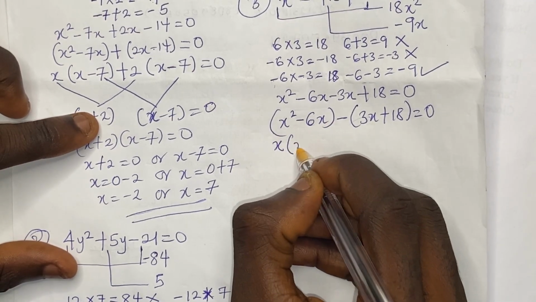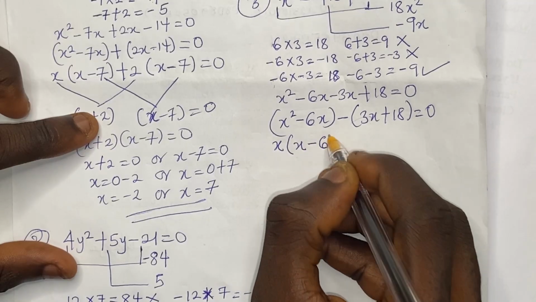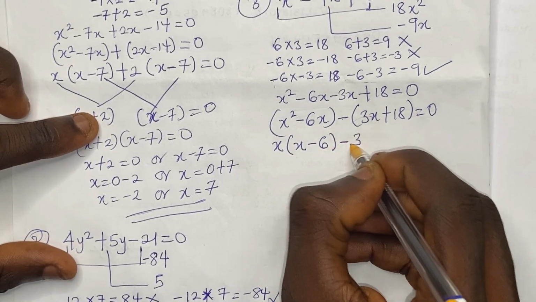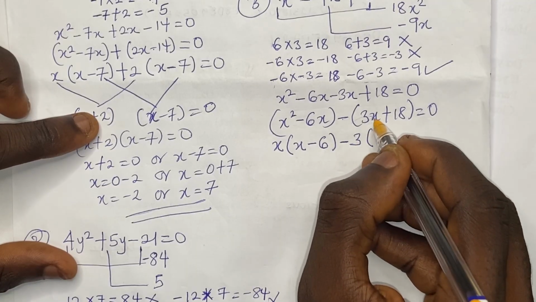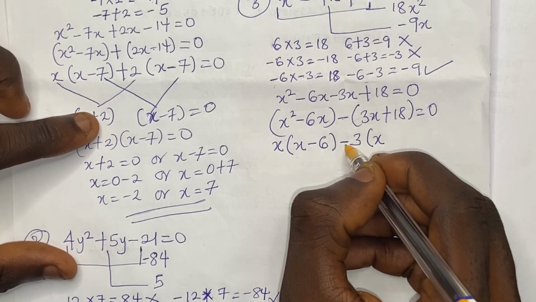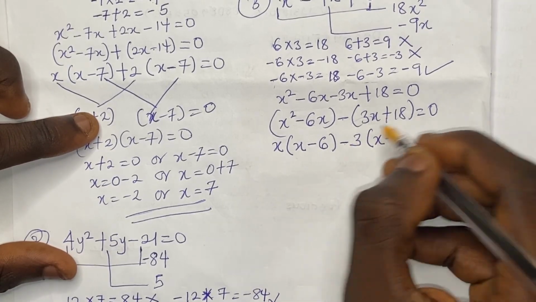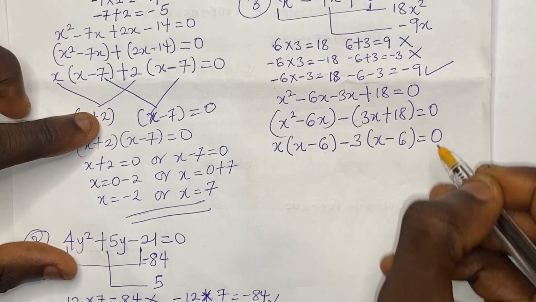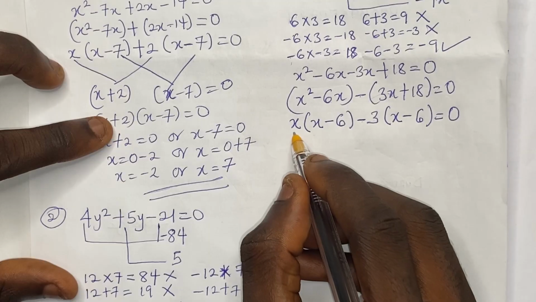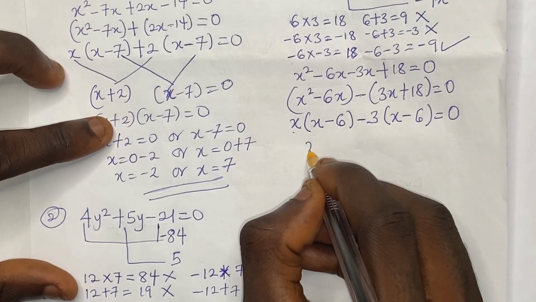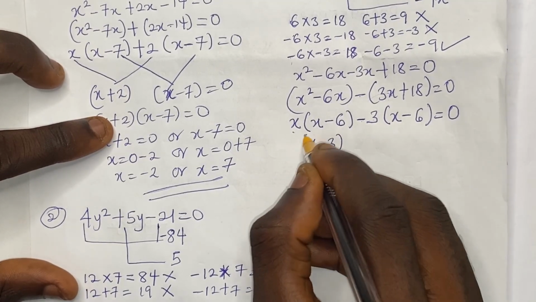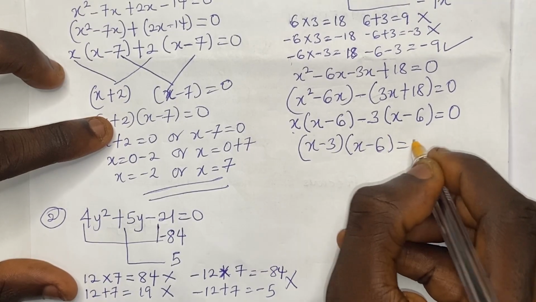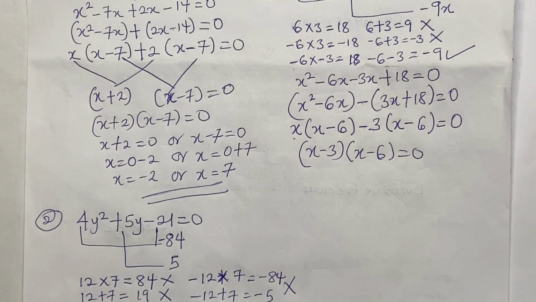And that will give us x minus 6, minus, what's coming between here? 3. 3 in 3x is x, minus times plus, minus 3 in 18 is 6, equal to 0. And that will give us x and minus 3. So that's x minus 3. Then x minus 6 equal to 0. Do you see that now?